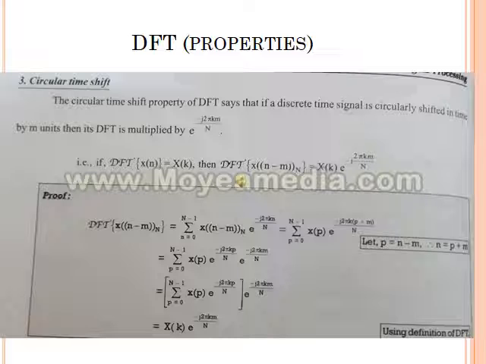So the next property is circular time shift. The circular time shift property states that when we shift the input discrete time sequence x[n] by m samples, that is, when we delay it by m and the shift is circular, the resultant DFT, that is X[k], is multiplied with e raised to the power minus j 2 pi km by N. The shift m is in the form of a delay.